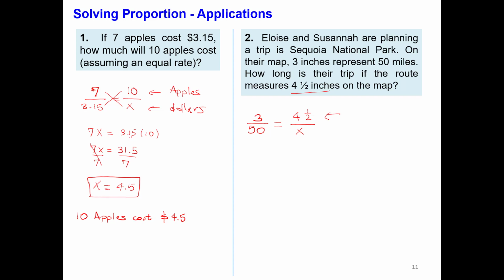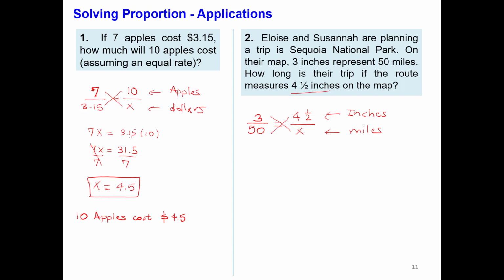Here we have inches on top, and we have miles in both cases. And we always need to check that. We have inches, miles. Now we need to solve the proportion.